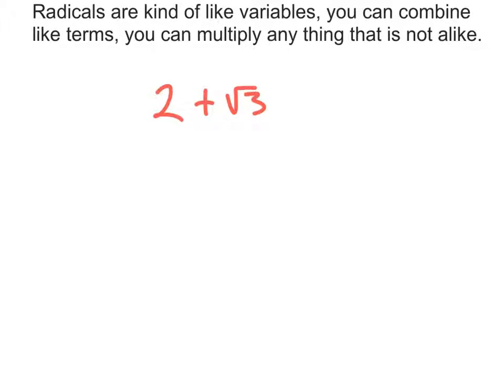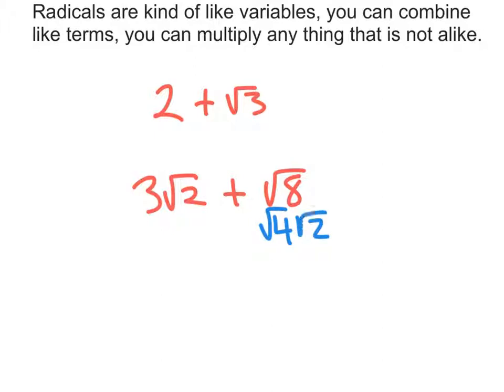Or how about this? Let's say I had 3 square root of 2 plus, let's go with the square root of 8. Okay, well, could we add these? Could we add 3 square roots of 2 with 1 square root of 8? No, because they're not like terms. However, whenever you do have a square root, you're supposed to try to simplify it. So the square root of 8, we know, breaks down to 4 times 2, and we split the root, and we'll get 2 square root of 2.